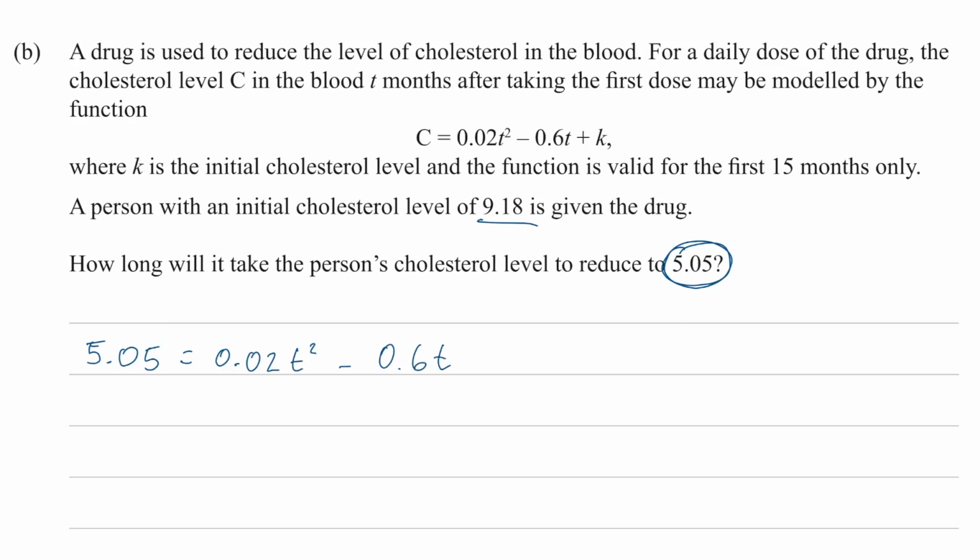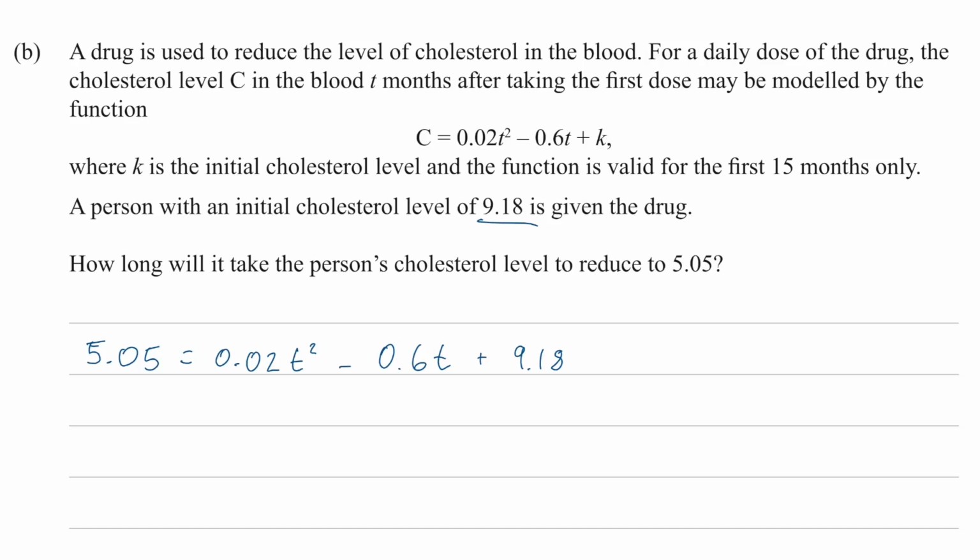K in this case we are given as 9.18, and T is what we're looking for, how long it will take for this person to reach the target cholesterol level of 5.05. So we substitute in our values for K and C, and now we can solve for T.